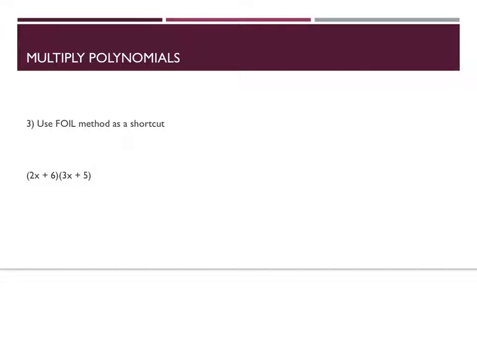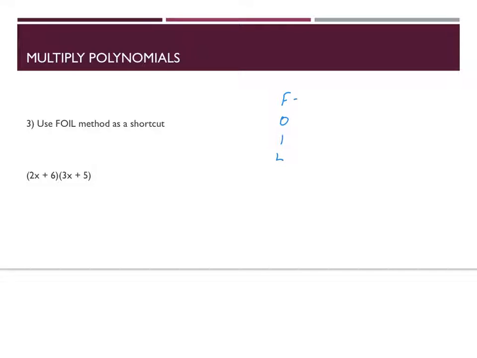Now there's nothing wrong with writing out the problem that we just did as distributing twice. There's another method called the FOIL method that some people use as kind of a shortcut. FOIL is an acronym.